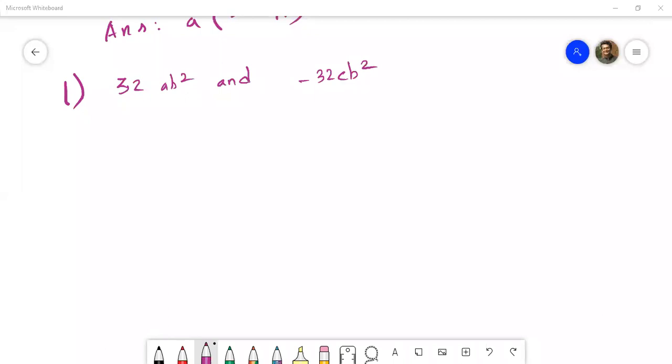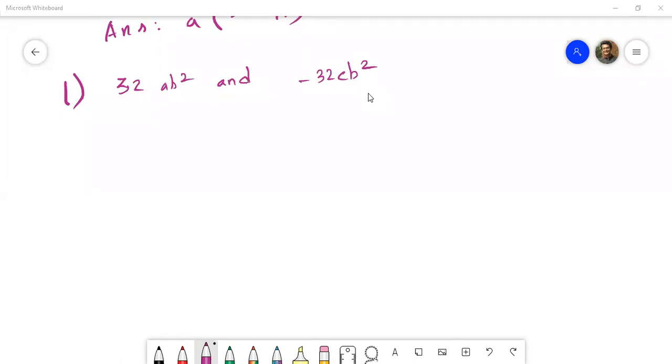I just added something like this: 32AB squared minus CB squared. Okay, let me see. Where did you get that sign from? I don't see it on the keyboard. From shift 6, number 6. Thank you. You're welcome, sir.